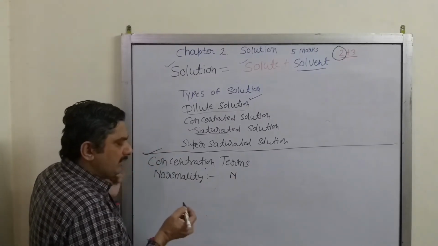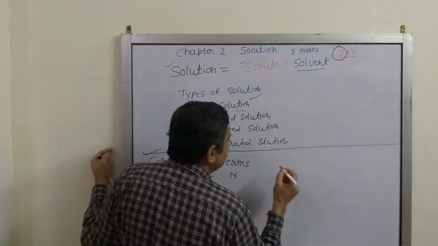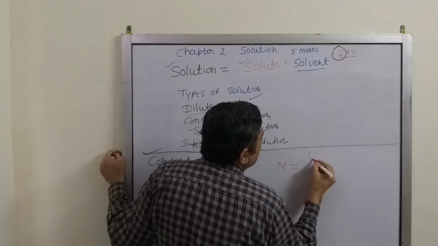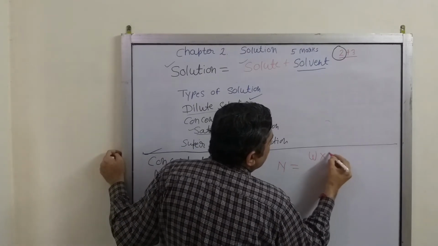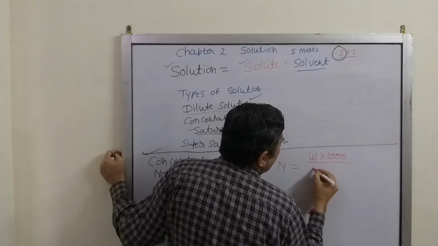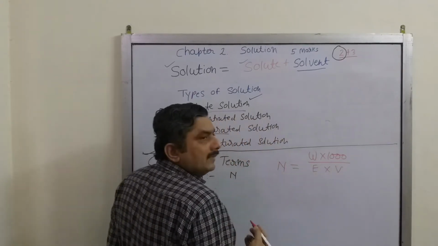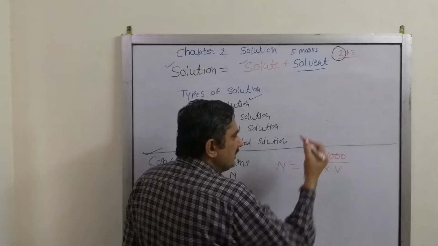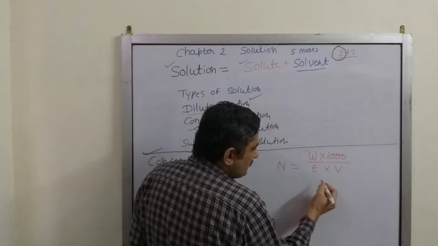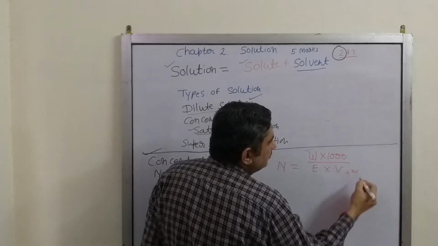Normality can be calculated with the help of a formula. N is equal to W into 1000 upon E into V. Here W is weight of solute, E is equivalent weight of solute, V is volume of solution in ml.